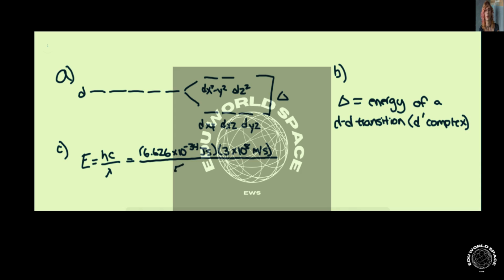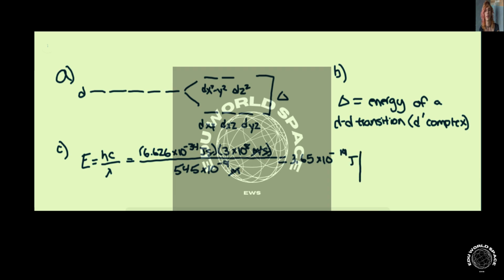So we have 545 times 10 to the minus 9 meters. So our meters cancel and our seconds cancel. This gives us 3.65 times 10 to the minus 19 joules.